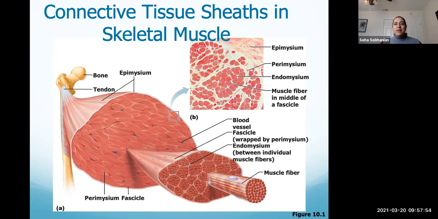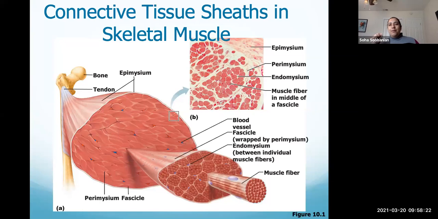So your fascicles are made up of muscle fibers. What's the connective tissue that's wrapped around your muscle fiber or your muscle cell? Endomysium, correct. It's the innermost layer.